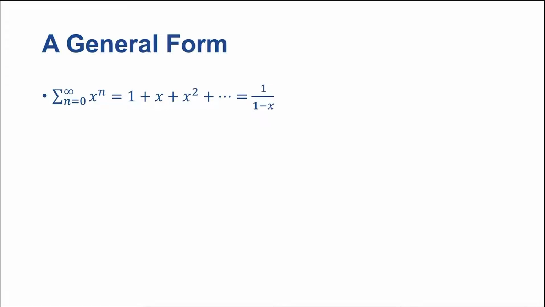And when our series converges, we can just use the geometric series formula. It gives us 1 over 1 minus x. That's really important because it asserts that we have a function that we know a series represents. So we know that we can represent this expression with this function.